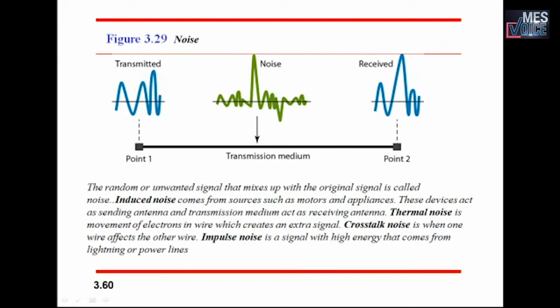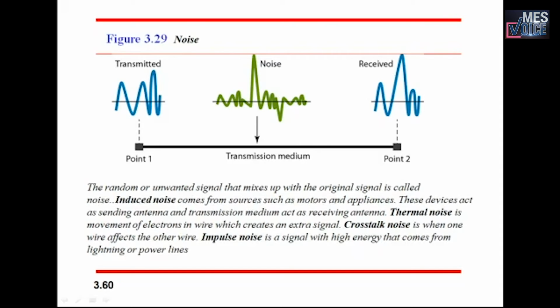Noise is nothing but random or unwanted signal that mixes with the original signal. There could be many types of noise interfering with our transmission, like induced noise, which comes from sources such as motors and appliances. These devices can act as sending antennas and the transmission medium acts as the receiving antenna.